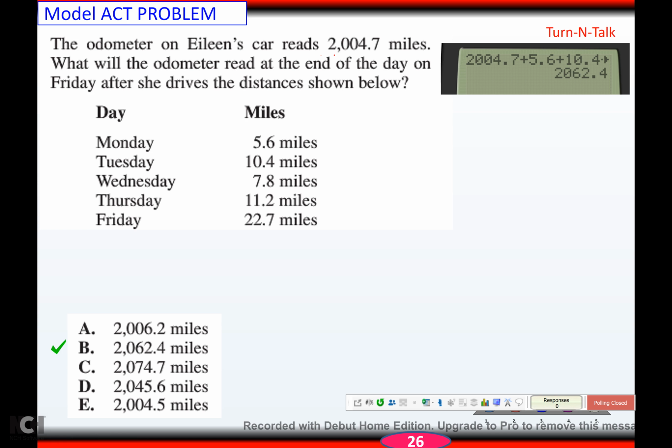So you're starting off with this, and then the odometer, you're not going to subtract these. This isn't going to take off miles from your odometer. This is going to add miles to this amount. So you take the 2004.7 and you add 5.6, add 10.4, add the rest, and you get 2062.4.